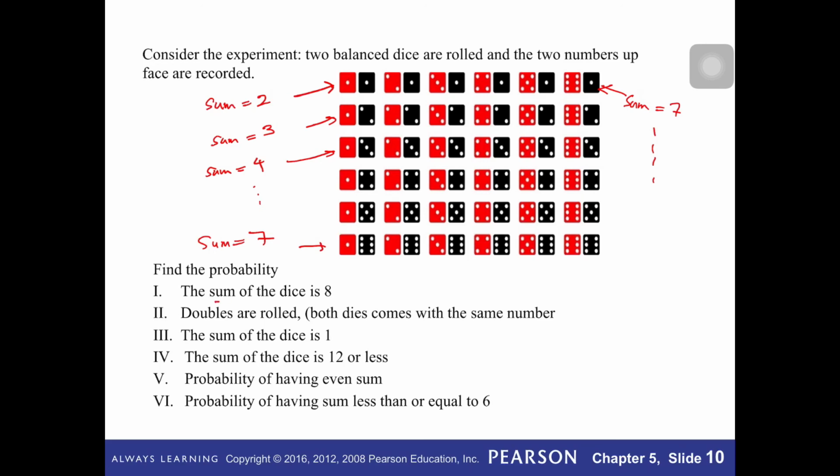So for the sum of the dice to be 8, you have to check what gives me the sum 8. What about this one? 4 plus 3 is 7, right, it's not 8. So 4 and 4, that's 8. Any others?